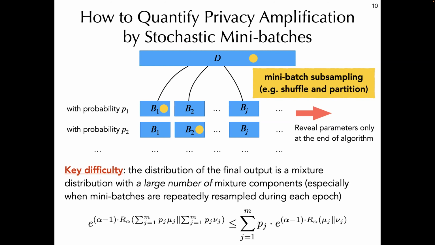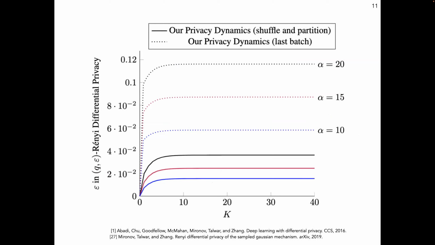So by further accounting for this amplification, we can prove that the privacy cost between the mixture distributions under the shuffle and partition scheme for sampling the minibatches is smaller than the privacy loss between its worst case components, which in our case is when the differing data record is in the last minibatch of each epoch.